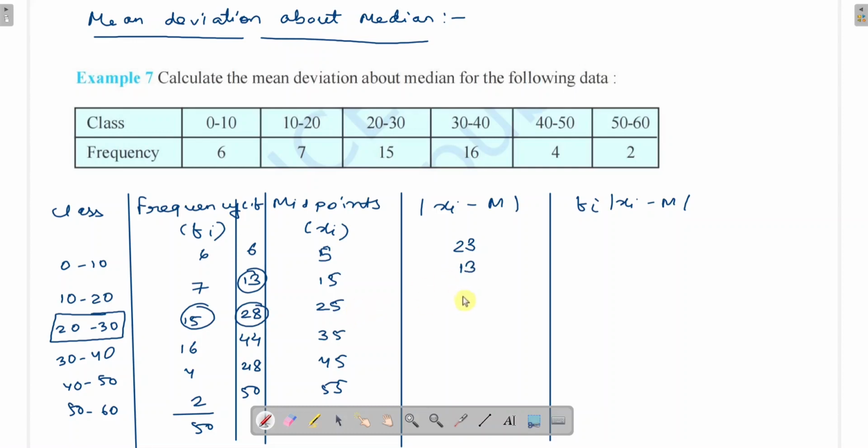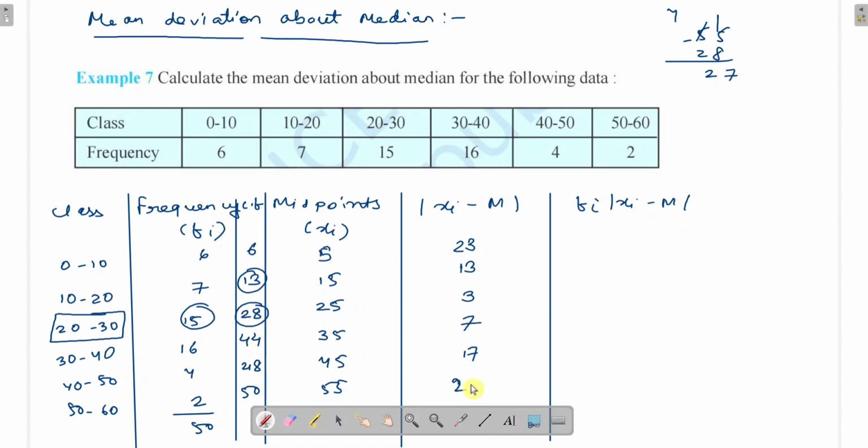Modulus of 25 minus 28 is 3. Modulus of 35 minus 28 is 7. Modulus of 45 minus 28 is 17. And modulus of 55 minus 28 is 27.